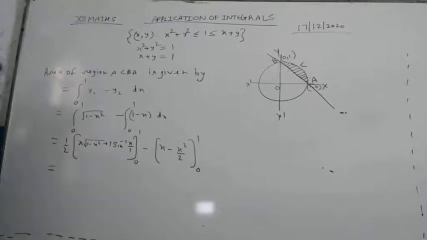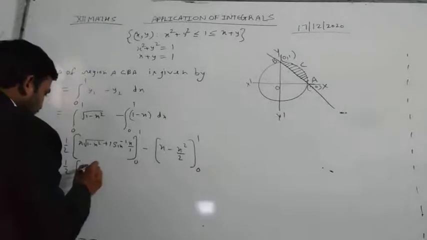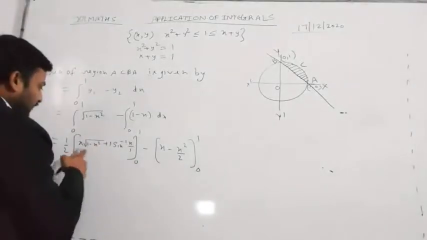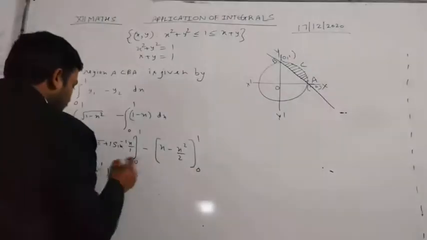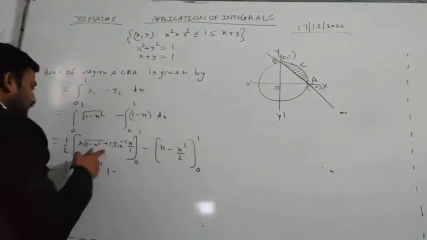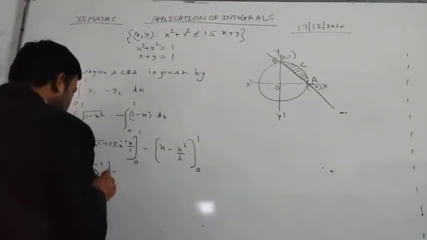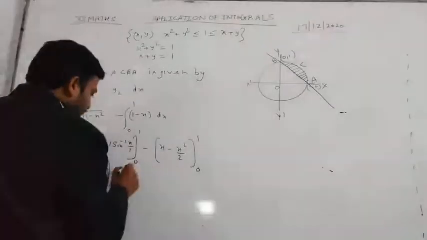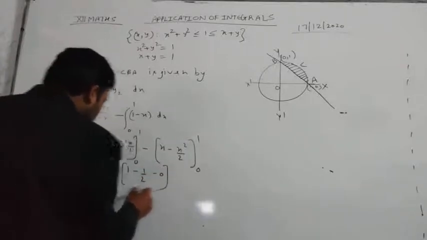So 1/2, this term will be 0 when putting 1, since 1 minus 1 is 0, and this term will be sin⁻¹ 1. Now minus, we put 0 here, this will be again 0, so here will be just sin⁻¹ 1, minus (1 minus 1/2 minus 0).